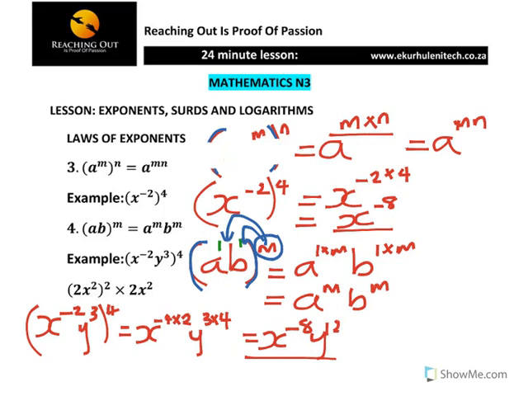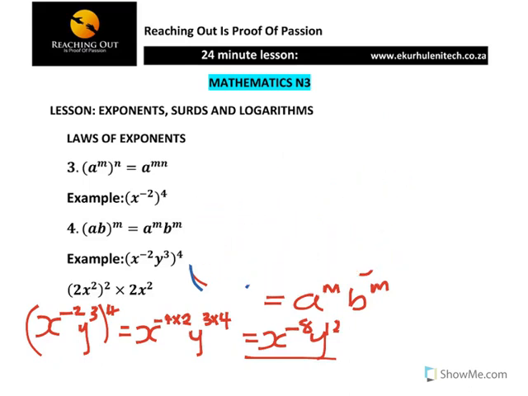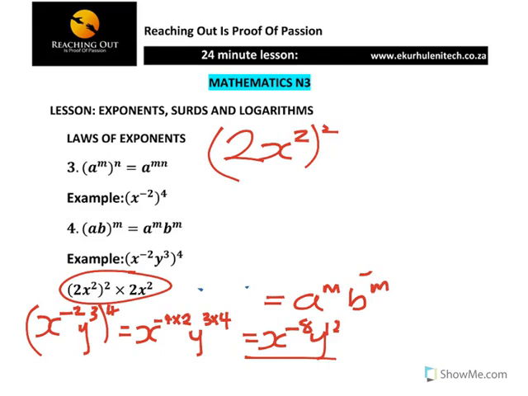I'm going to erase the top things that we did because I want to show you the other one. If we look now at the other example of the same law, I'm looking at this example here, (2x squared) to the power 2, and then times 2x squared.